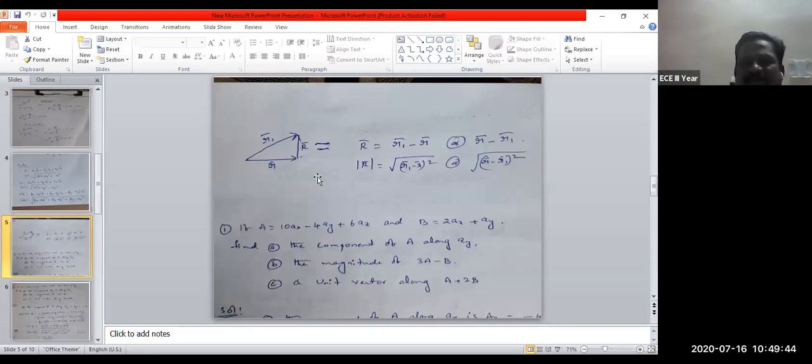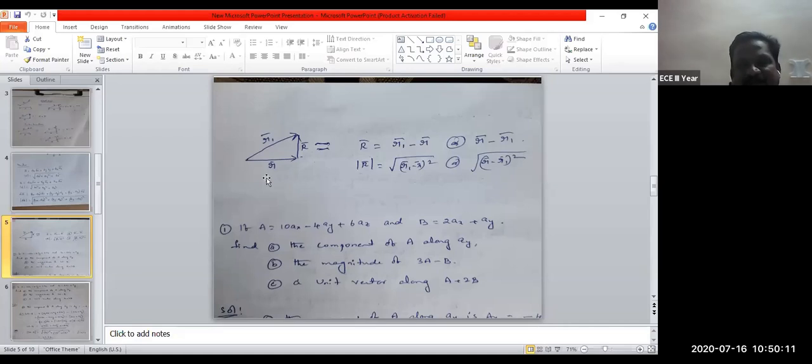You can take the resultant as any symbol, but as our habit, we always represent the distance in terms of R. Due to that, capital R is taken as the resultant value and small r is used for position vector distances, just by habit, distance R or the radius R.